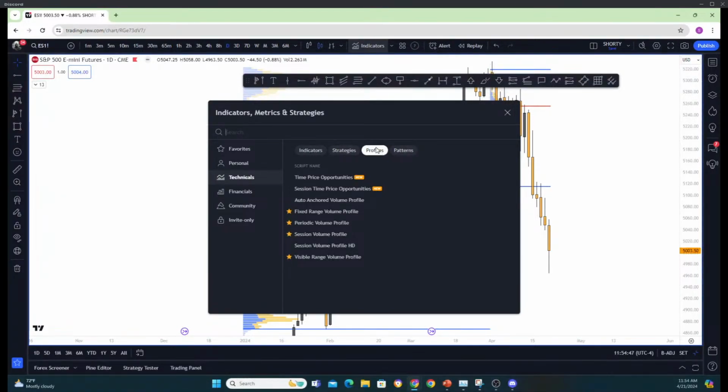Once you click on that, there are the different types, and I covered the four main ones that we use, which are fixed range volume profile, PVP, which is basically periodic, where you're setting the period you want to be on, weekly, monthly, quarterly, yearly, right? And then session volume profile is just your daily session, and that's your day-to-day volume profile. And then visible range profile is the one that sticks on the right or left, depending on how you set it up. But it stays there, and whatever is on the screen, that's what you're going to see.